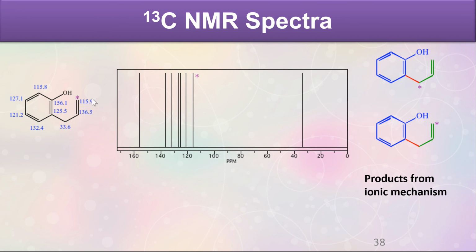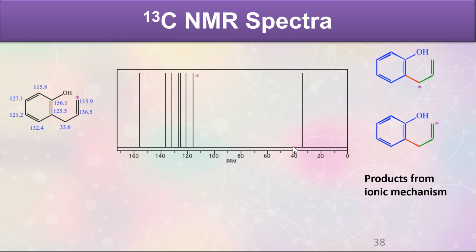So we're saying if scrambling occurred, the labels at 115.9 and 33.6 would be enhanced, right? So look at the ppm down here. We're looking at the 33.6 peak, which is here, and it corresponds to this carbon here. And we're looking at the 115.9 peak.